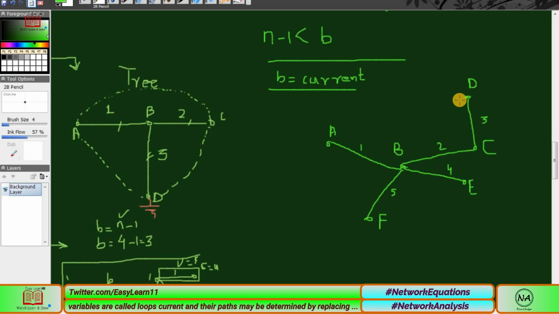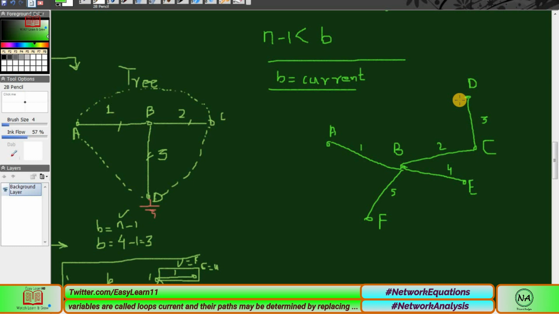But for calculation of the current we need a closed path. The closed path only comes into being when we connect a current source and close the path by joining the 2 nodes, and that was actually a chord, as we call it.